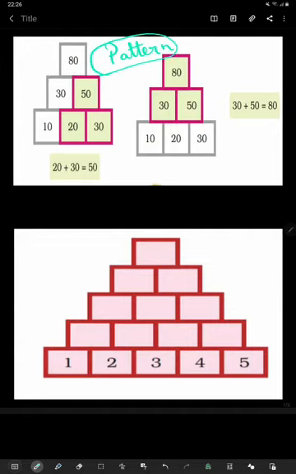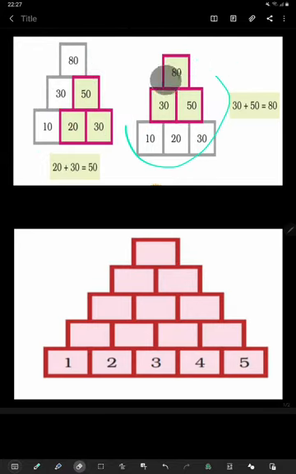Now, in the last question, I told you about the pattern, and this was the question, and I have already told you because there is the relation between two blocks.